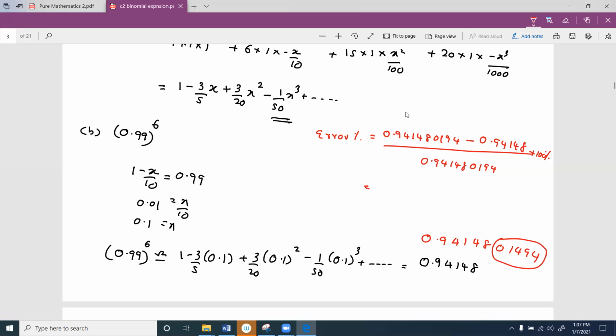If you want the error percentage, it's 0.00000158%. It's a pretty small error.